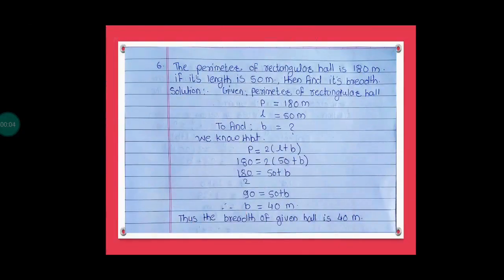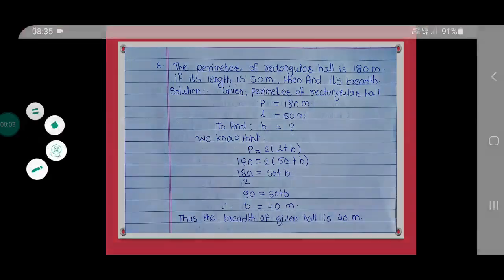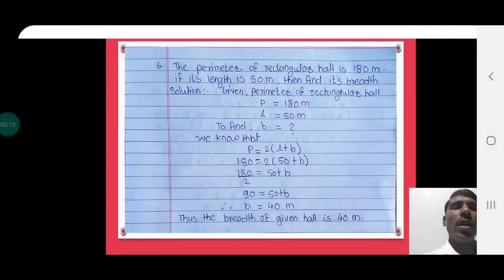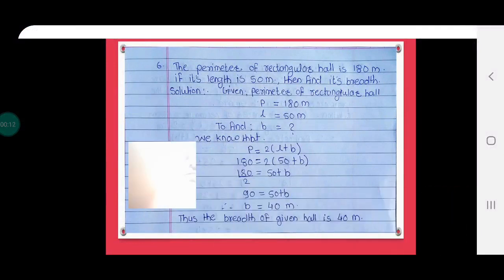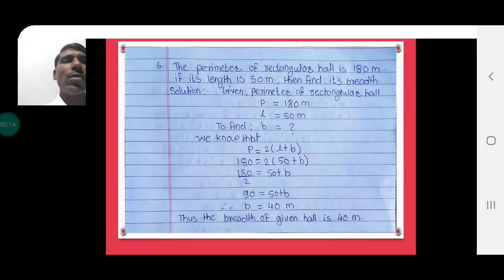Example number 6. In example 6, we have to solve: the perimeter of a rectangular hall is 180 meter. What they have given?